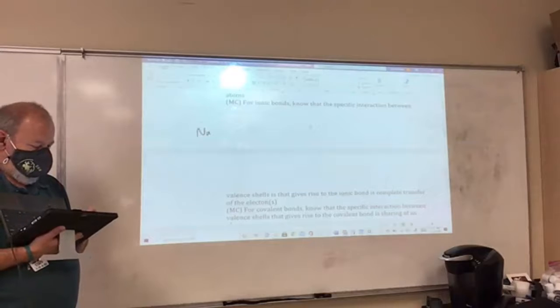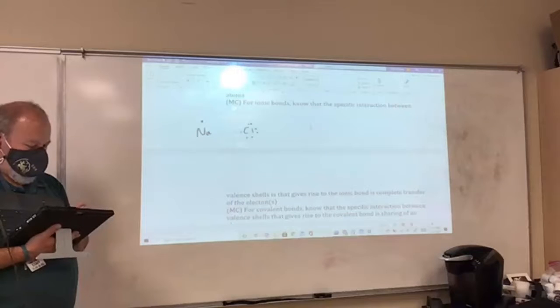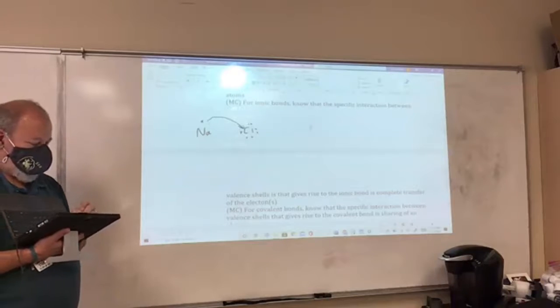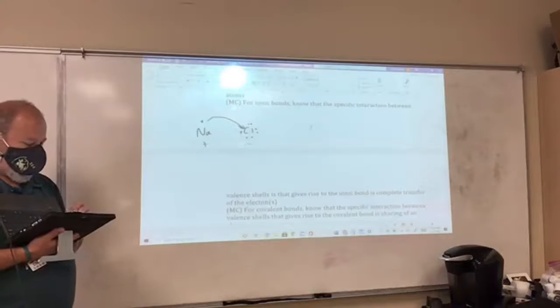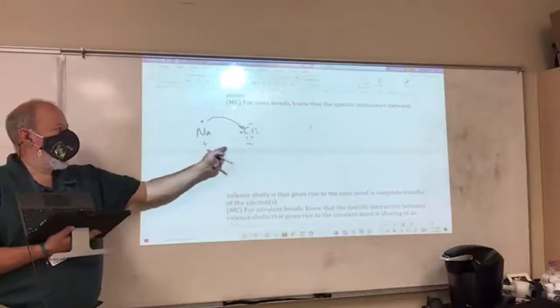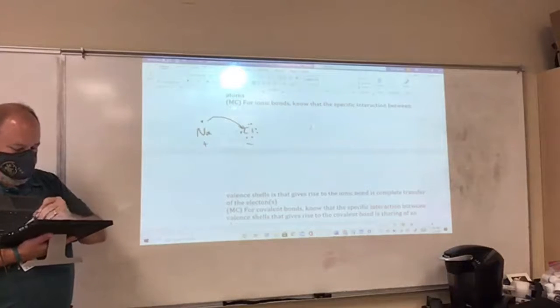If I have sodium with 1 valence electron, and I have chlorine with 7 valence electrons, chlorine has space for 1 more electron in its outer shell, and sodium will give up its electron to chlorine, and that will make this +1, and that will make this -1, and they will attract together to form a bond. That's ionic bonds, and the thing that happens is complete transfer of electrons.